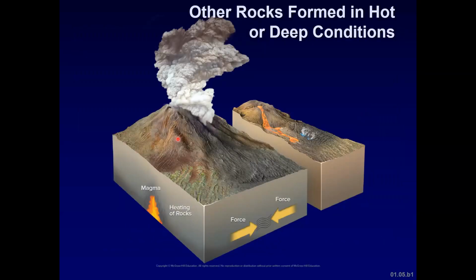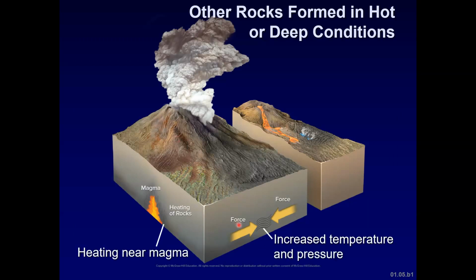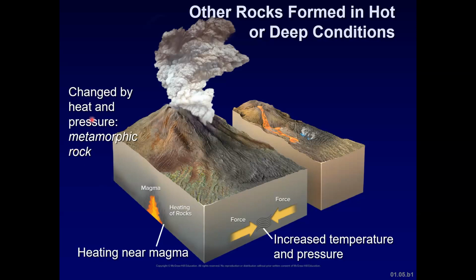So again, with this diagram, we have heating near magma, perhaps increased temperature and pressure. If a rock is changed by heat and pressure, we call that a metamorphic rock.